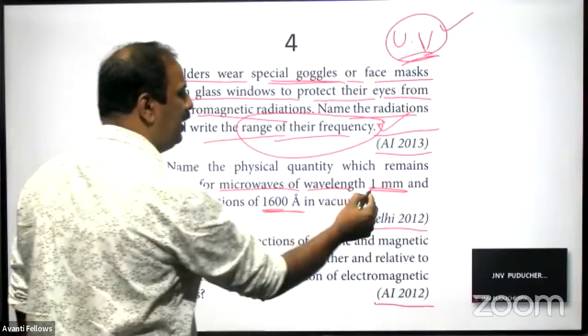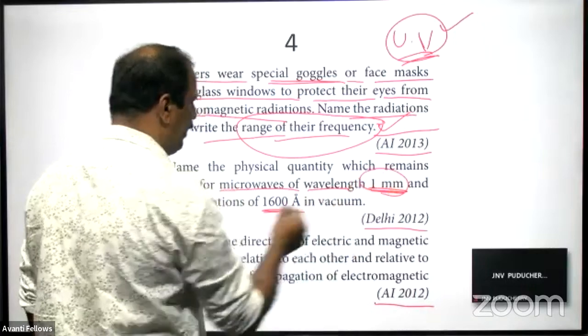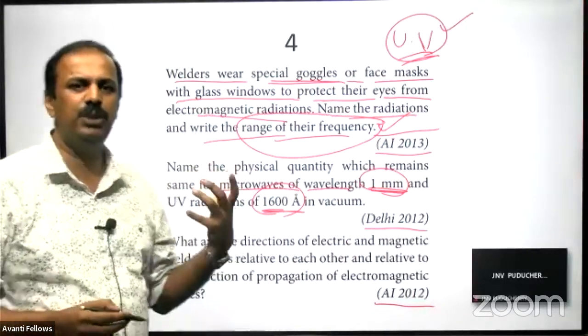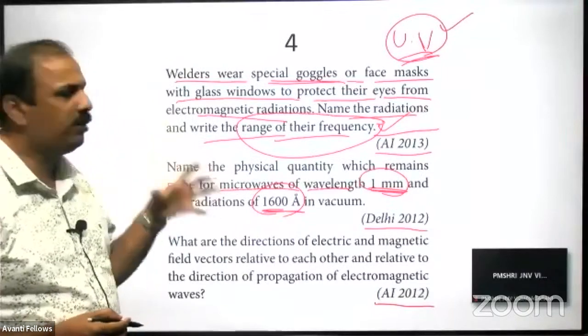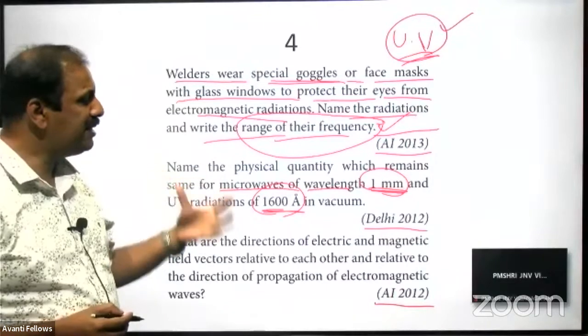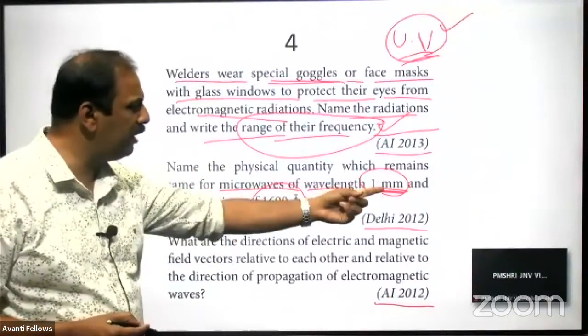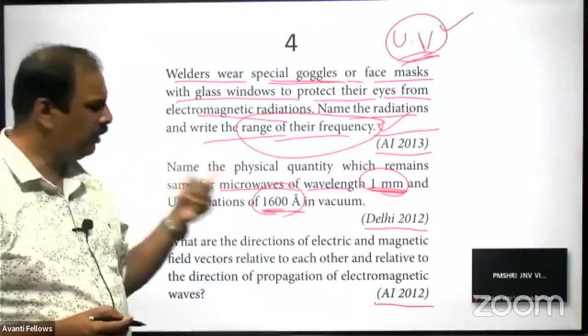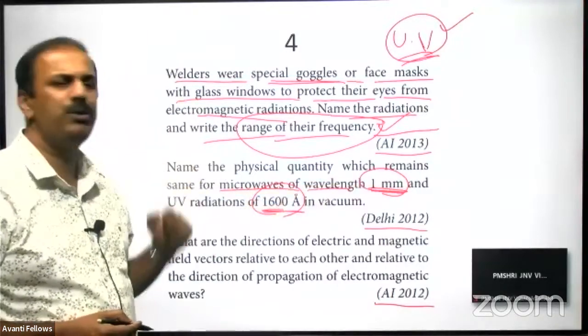Here 2 values are given: the wavelength of 1 millimeter and another, 1600 angstrom. When these wavelengths are given, people get confused and think some calculation is needed because the numbers are given. But you only have to tell a physical quantity which is the same for the microwave and the UV radiation. This is given just to confuse you.